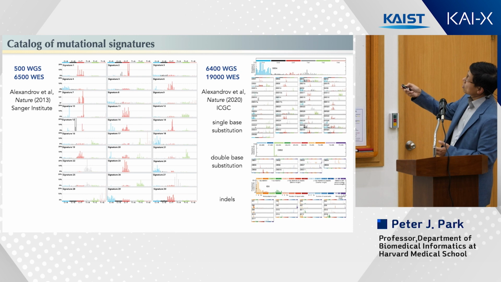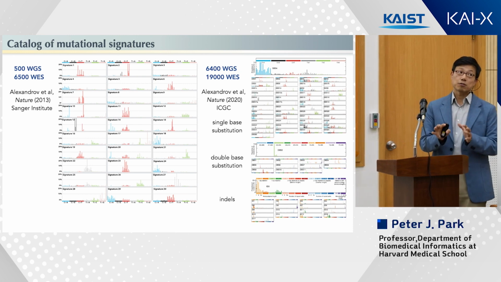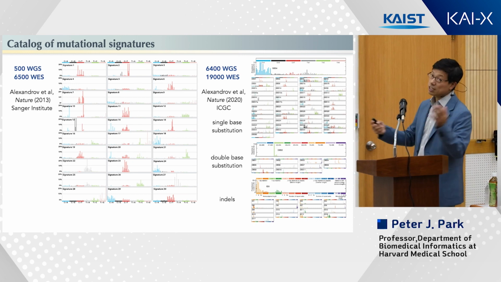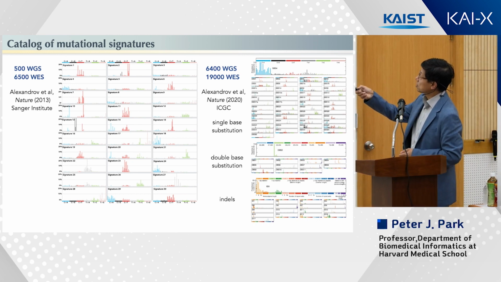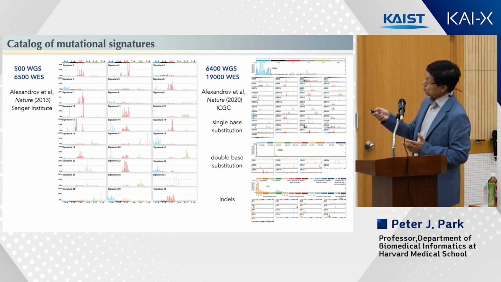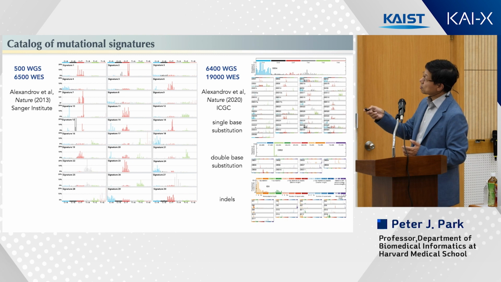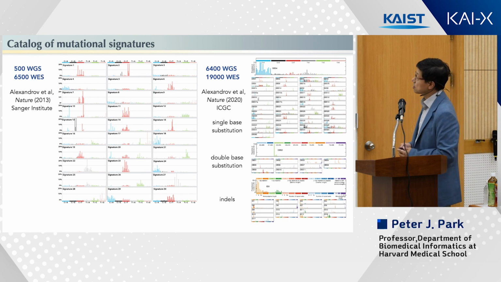And so every time you have more and more data, you have a greater statistical power to find these signatures. And so the catalogs keep getting larger and larger. And so there are 85 signatures on this one. Okay? In fact, when you have more data, you can do double substitutions and indels, and now you can do copy number and structural alteration signatures.